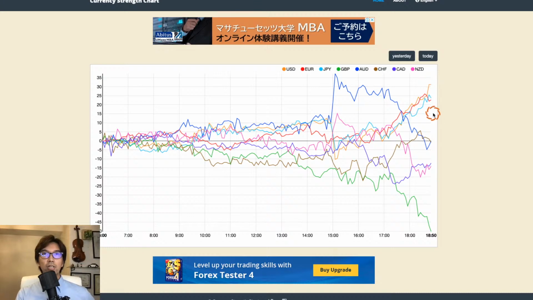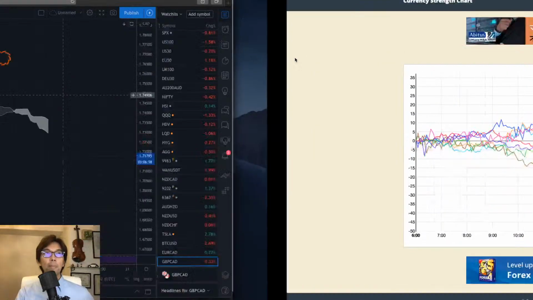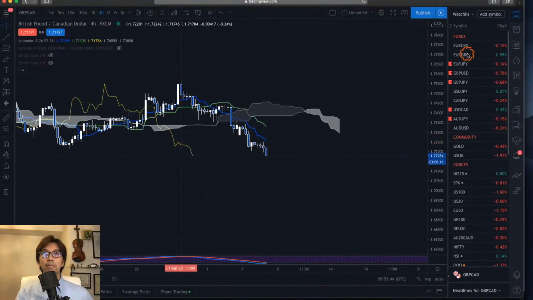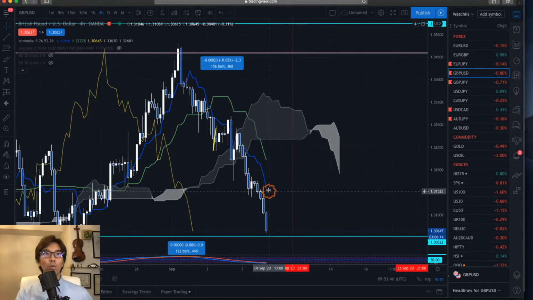So I would take GBP USD to take a sell because in that way it can be very time efficient until I set the break even. So yeah, GBP USD will be the one that I look at because this is the most volatile pair of every pair that we watch right now.